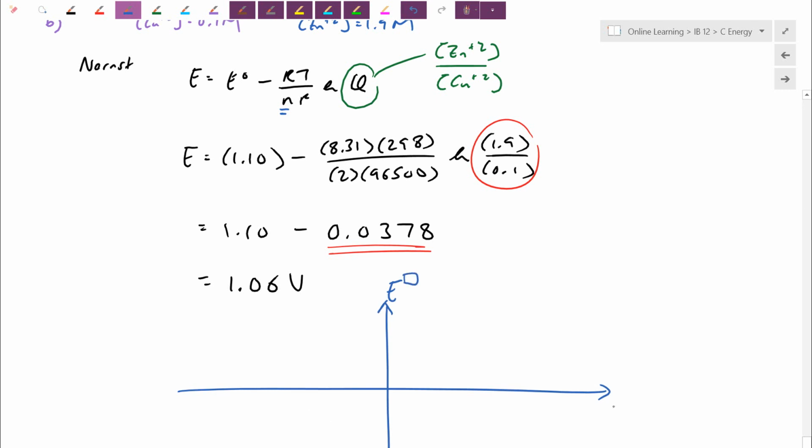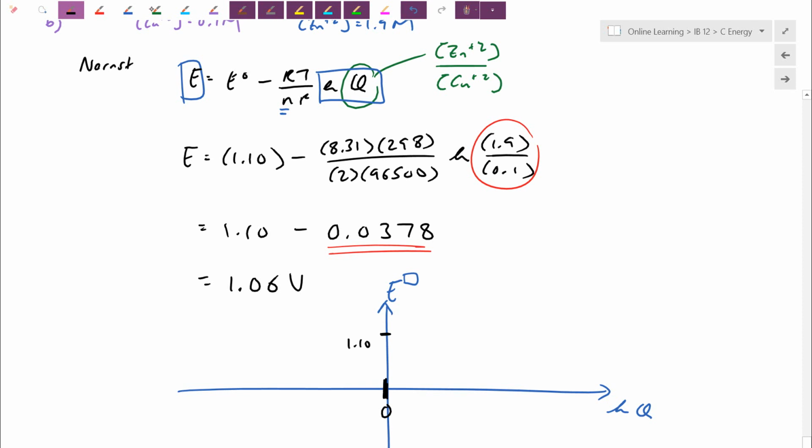I'm going to plot it against ln Q. In this case, E will exactly equal E naught when this RT ln Q term exactly kills itself off. That's when the Q value would be 1, the ln Q would be 0. So if I'm at 0 as ln Q, I should find this graph lines up at 1.10.